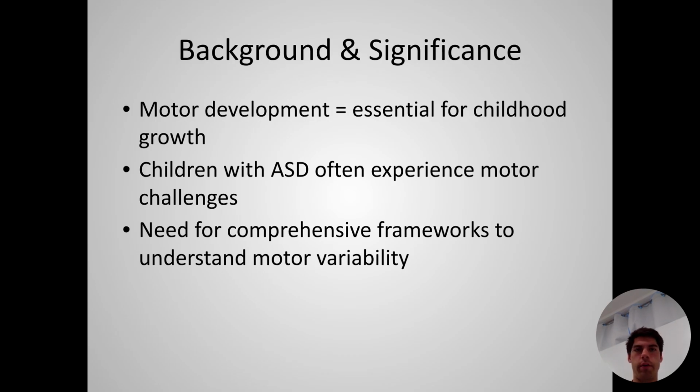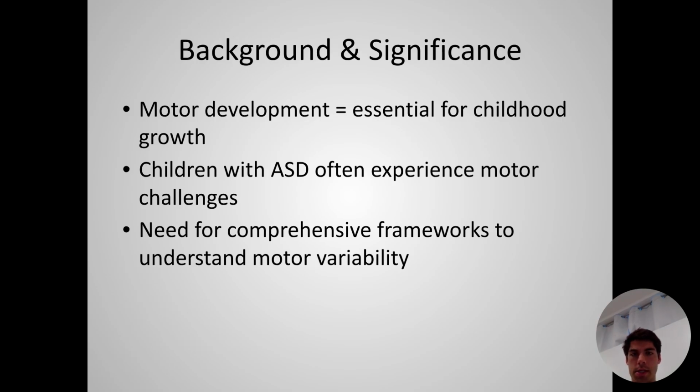So to start off, just talking about a couple of these topics. Motor development, obviously, as we know, is essential for our growth. That's where we learn skills such as walking, eating, speaking, things like that. And children with autism spectrum disorder often experience motor challenges and are limited in their ability to communicate verbally or use other motor skills with their hands and their legs, whether it be physical activity or exercise.